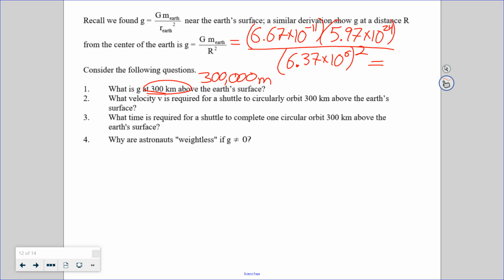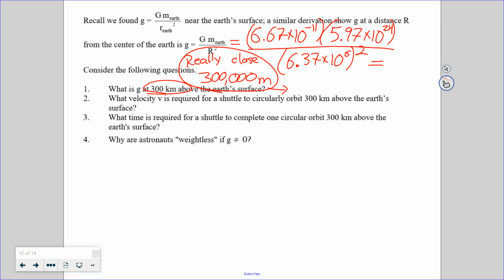Okay, what if we're only 30,000 though? This is really close. Did you plug in those numbers yet? This would be like 0.3 times 10 to the 6th.